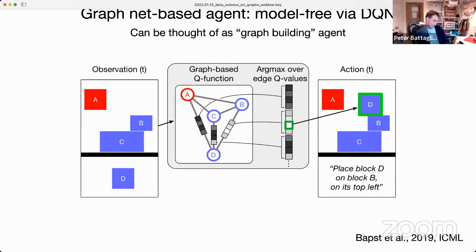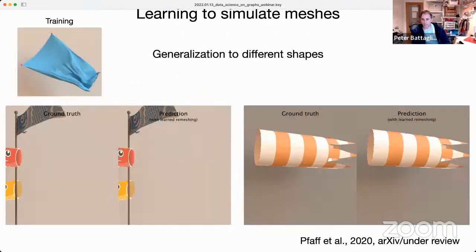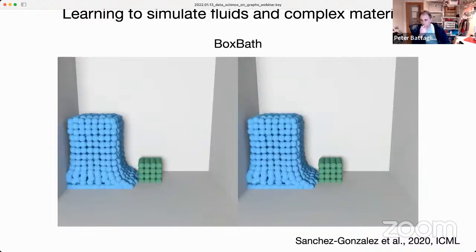Yeah, that's a good question. We don't do that really. We would like to, but we think it's really hard and we don't really know how. Here's the problem I see. Let me show an example. Probably the closest thing is this box bath, where you have the box floating around in the fluid.